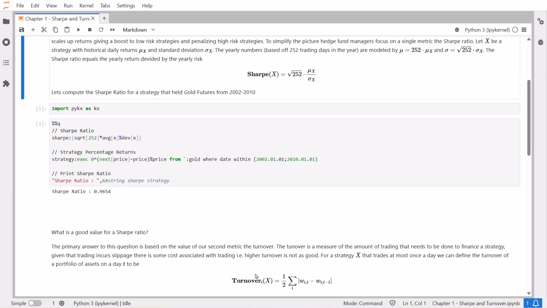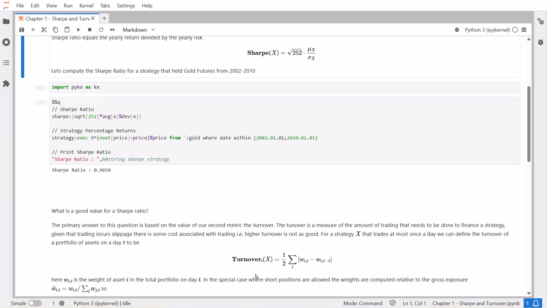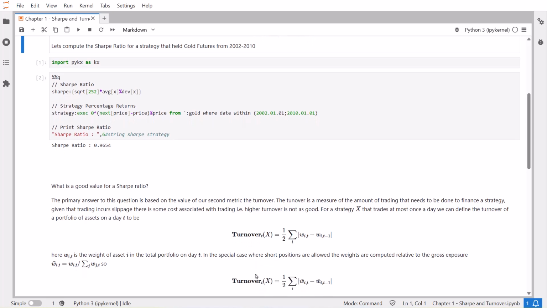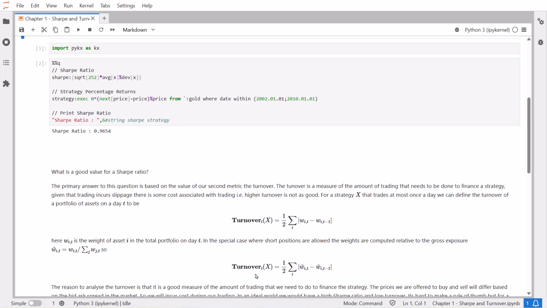For a strategy X that trades at most once a day, we can define the turnover of a portfolio of assets to be the fraction of assets that were traded. We'll have long and short positions. We can normalize things to compute the turnover as follows.